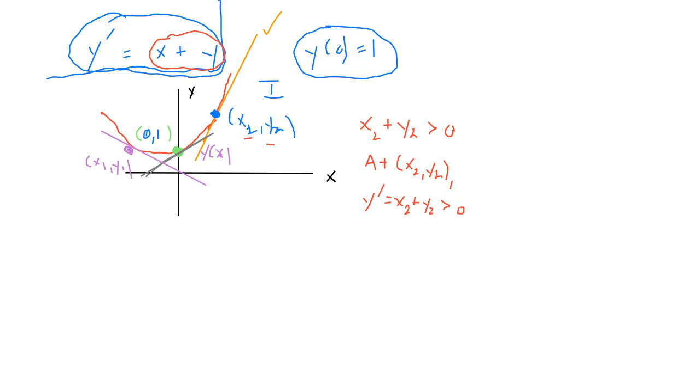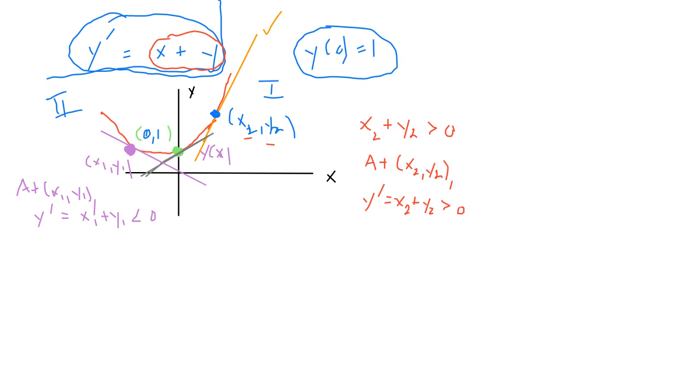So they're saying at x1, y1, y prime, which is equal to x1 plus y1, the derivative would be negative. Hence, the tangent line has a negative slope. Why would that be? Because you're in quadrant 2. That's right, we're in quadrant 2.